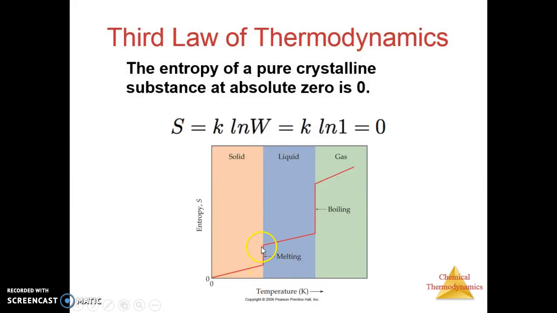Because remember that at the melting point, temperature's not changing, you're only absorbing energy in the form of potential energy, because we're breaking IMFs at this point, likewise at the boiling point. So here's a visual of entropy versus temperature, showing that as you increase temperature, you're increasing the number of microstates.